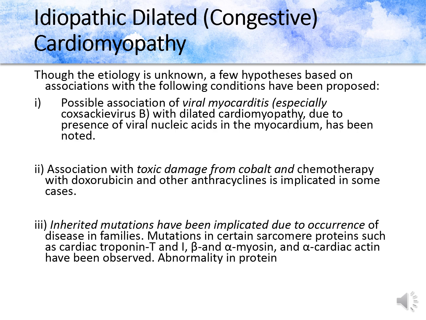Though the etiology is unknown, a few hypotheses based on association with the following conditions have been proposed. The first possible condition is the association of viral myocarditis, especially Coxsackie virus B, with dilated cardiomyopathy due to presence of viral nucleic acids in the myocardium, which was discovered.